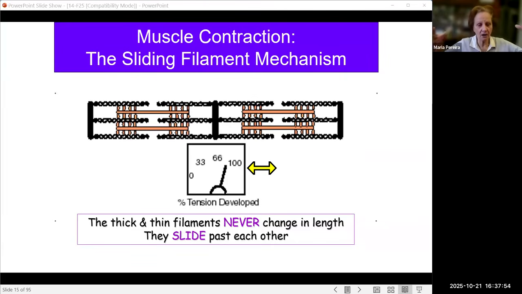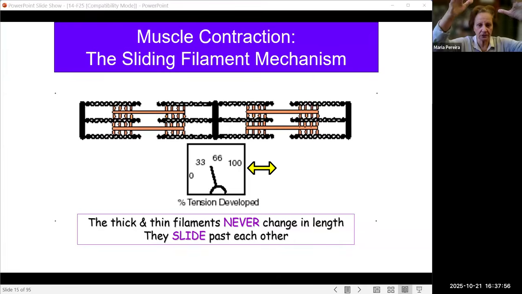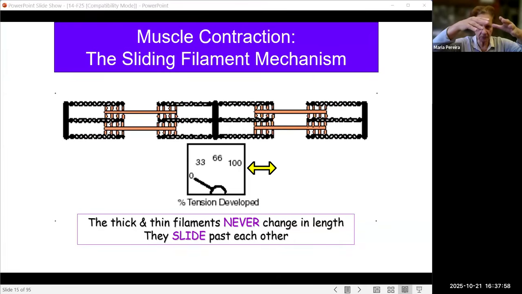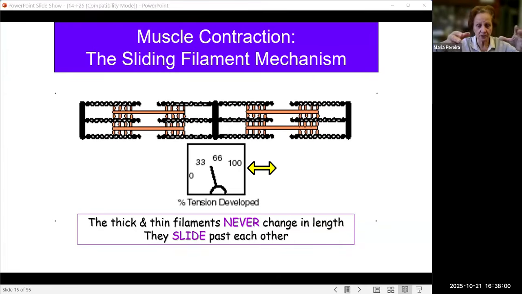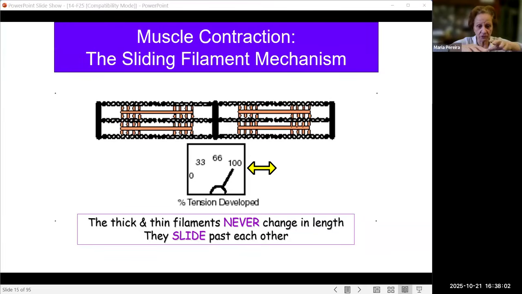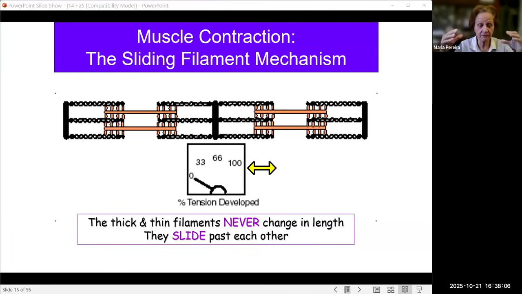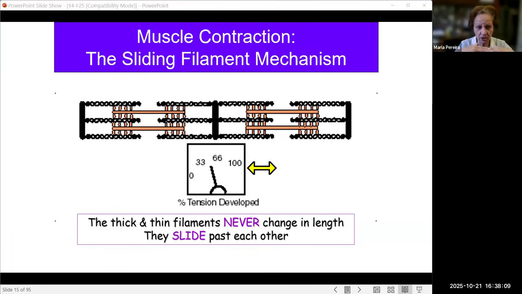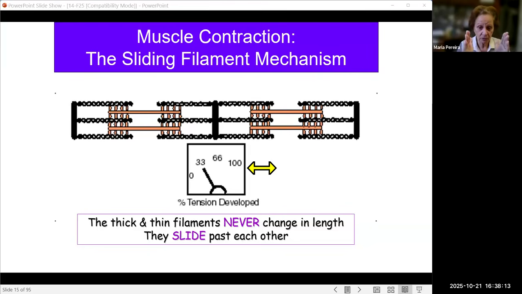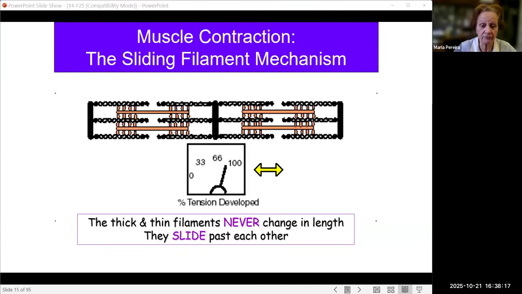So now you see how that electrical signal that develops at the motor end plate is transmitted to the membrane of the muscle, to the sarcolemma. So it causes the thick and thin filaments to slide upon each other. And because the sarcomeres now move closer to each other, this causes the muscle to develop tension, to develop force.